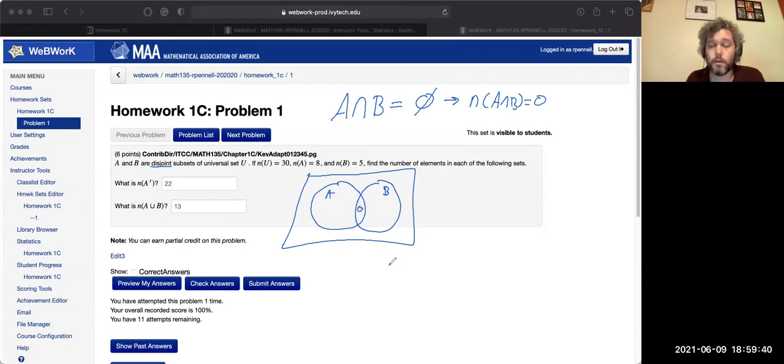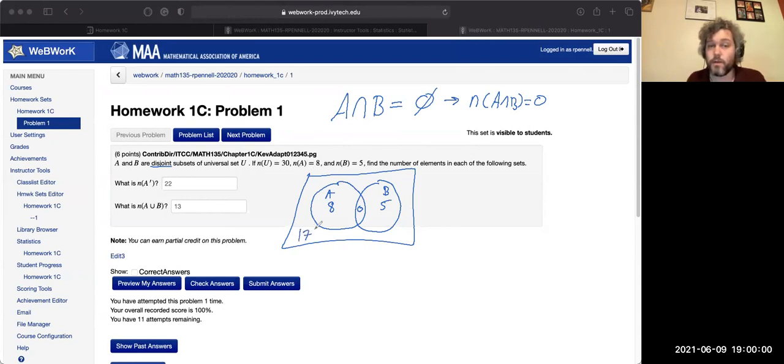It's always good to fill in the intersection first if you can. You can't for every problem, but for the problems you can, it's a good place to start. So that makes this 8, that makes this 5. The universe is 30, so we have 30 minus 5 minus 8, which is 17.